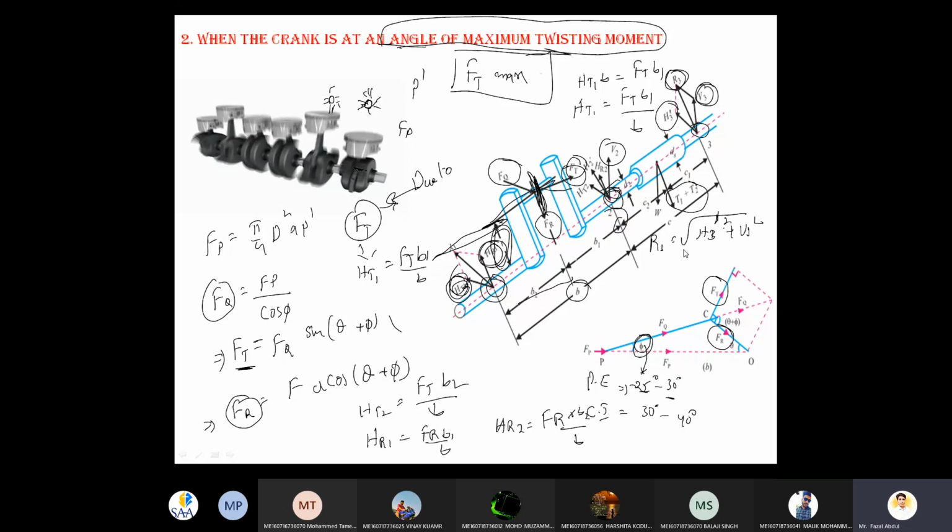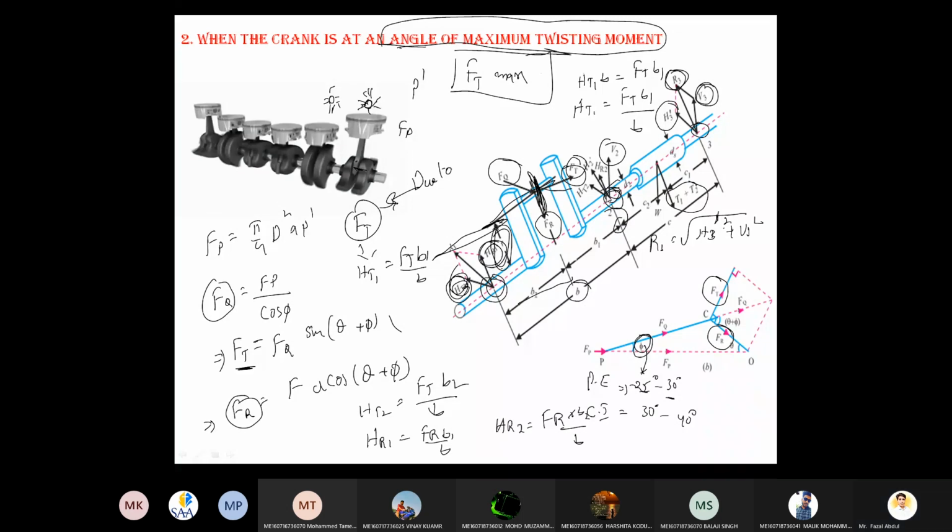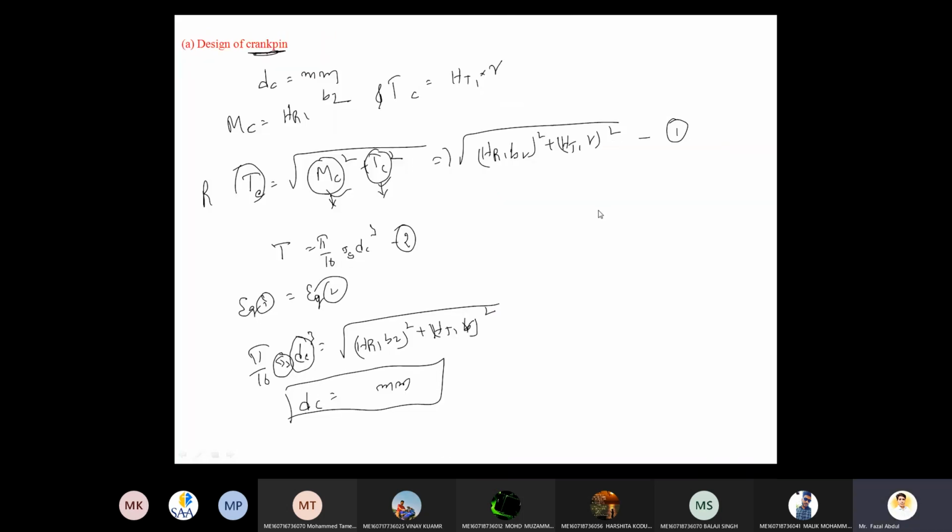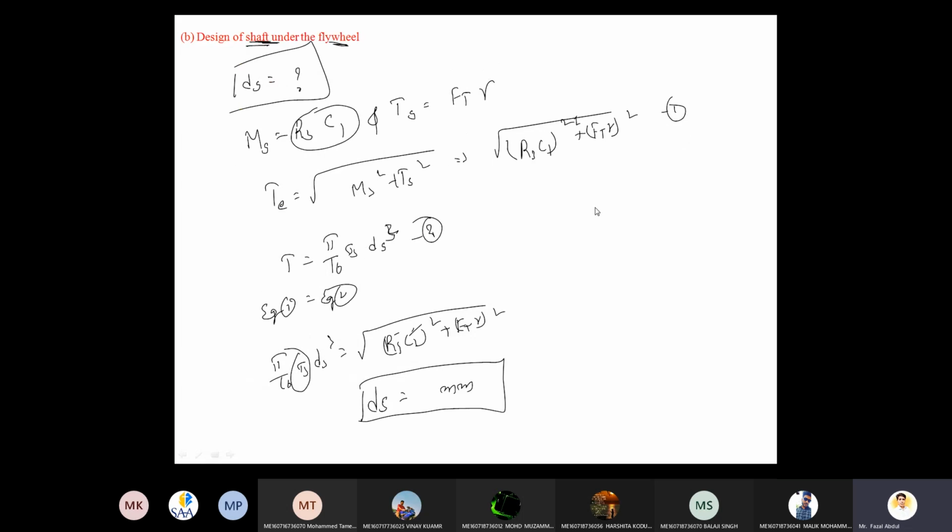Because of belt tension there are two reactions, V2 and V3. Because of the pulley, nothing but the flywheel weight, there are two vertical reactions, and the resultant forces we also calculated. These will be used in the further calculations of the design of crankshaft. So this is the crank pin design, which we discussed yesterday, the design of shaft.